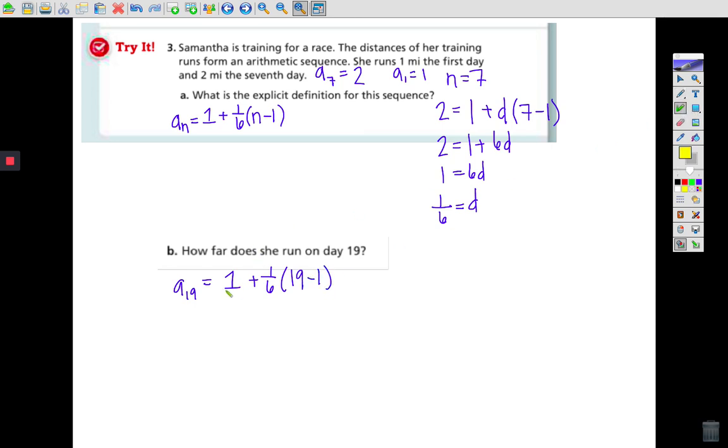At this point is where you would plug this into your calculator. What do we get? How much does she run on that 19th day? Four miles. So that means on the 19th day she runs 4 miles.